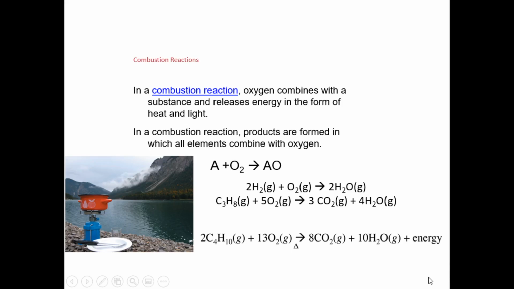All combustion reactions of hydrocarbons, so compounds that are carbon and hydrogen, will always produce the same two products, carbon dioxide and water. So whether you're burning methane, propane, butane, gasoline, ethanol, those are all going to be creating predictable products of carbon dioxide and water.